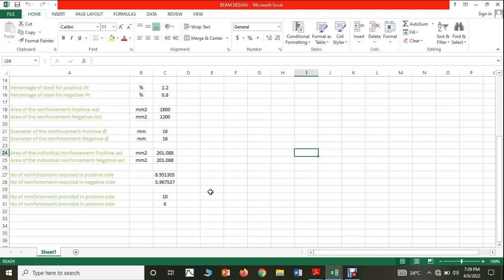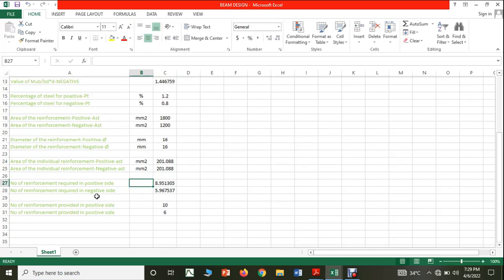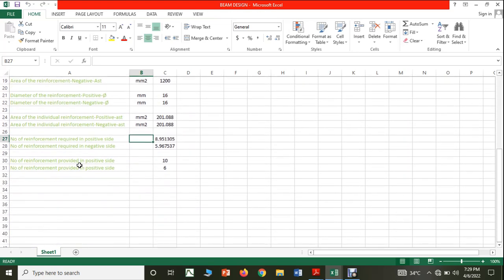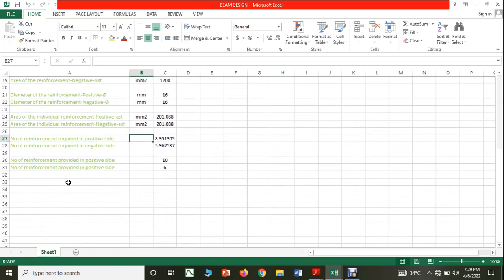You can see here this is the number, you don't have any value here, and this is the number, you will not be having any values here. So these are the reinforcements. This is all with respect to the tensile reinforcement required.